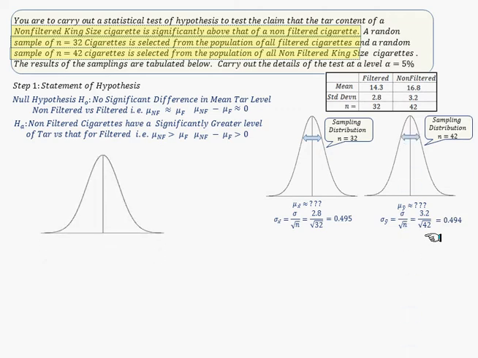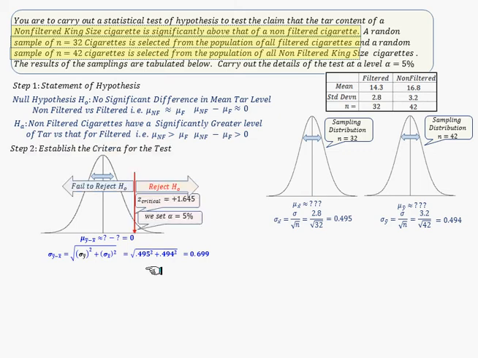Now we're going to look at the differences, y bar minus x bar, and we're saying that should cluster around 0 since our null hypothesis says the difference between these population means is 0. And here we go, the variances add together. That is to say, sigma x bar squared plus sigma y bar squared, and the square root of that gives me my standard deviation in the differences here, 0.699.